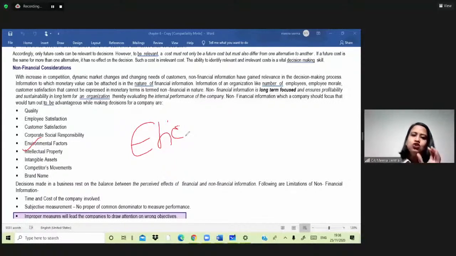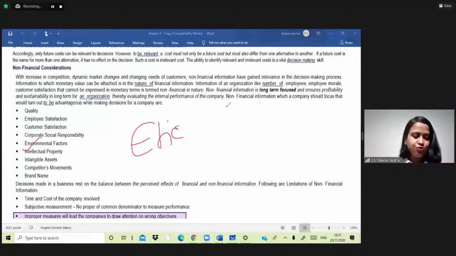In the short term it might give you revenue and profit, but in the long term it might affect your goodwill, your brand name, and ultimately your long term profitability. We are always trying to increase our long term profitability and survival, and accordingly we should take the decision for the business organization. So I hope you understand how this chapter in strategic cost management is different from traditional cost management.